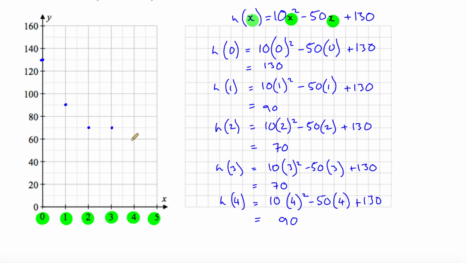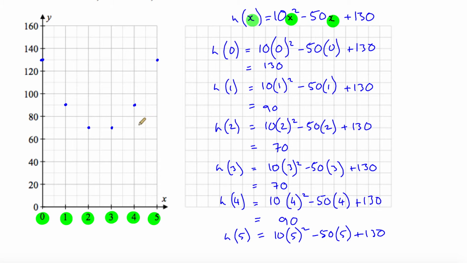We can see the symmetry of the curve appearing now, so over to 4, up to 90. You can nearly predict that the next one will be up here, but let's just double check. h of 5, 10 by 5 squared minus 50 by 5 plus 130. So 5 squared is 25 by 10 is 250 minus 250 is 0 plus 130. And there we go, it does give us the symmetry.